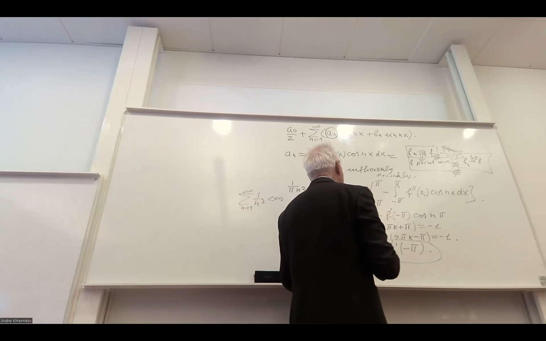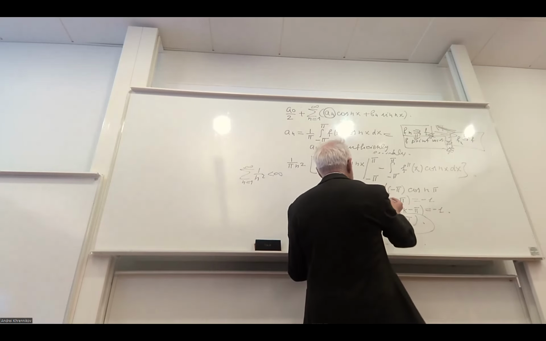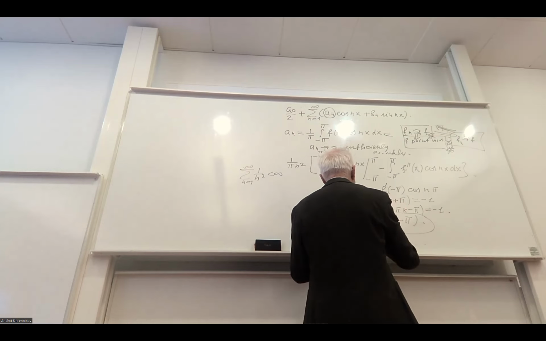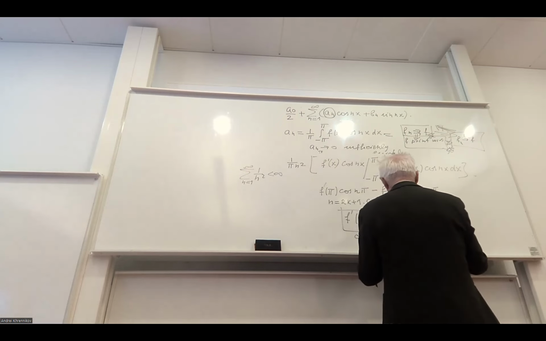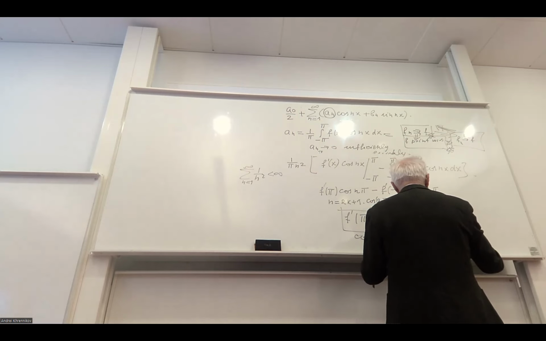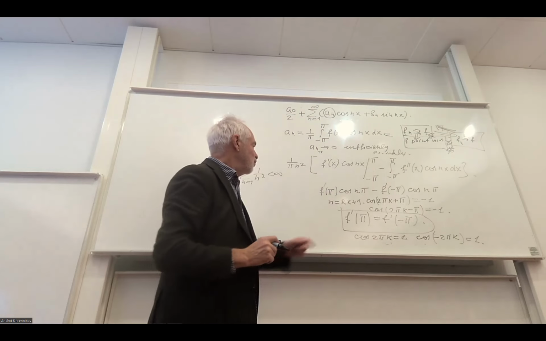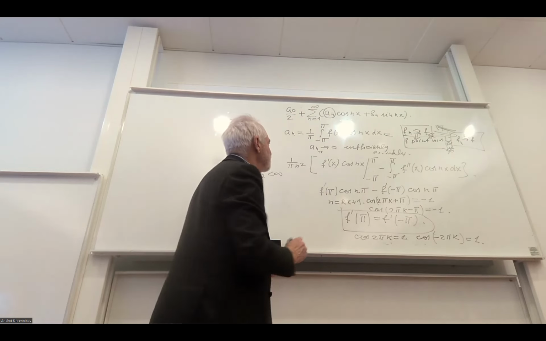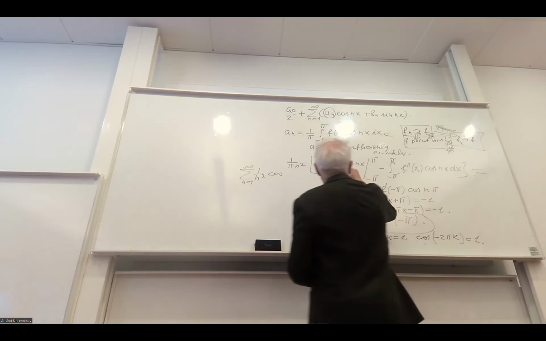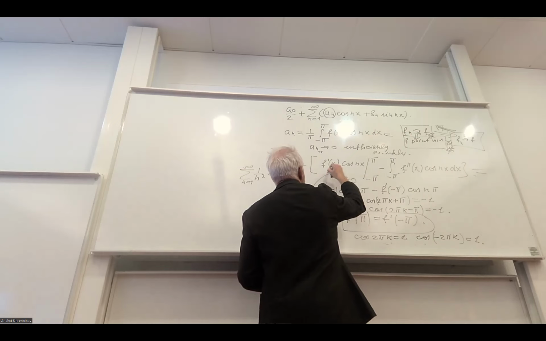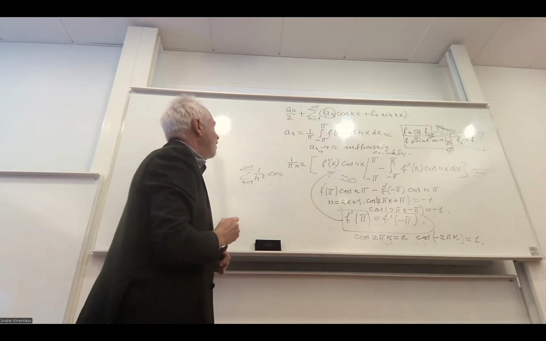If it was just 2k, cos(2 pi k) is 1, and cos(minus 2 pi k) is also 1, so it would also disappear. Under this condition, this term disappears.